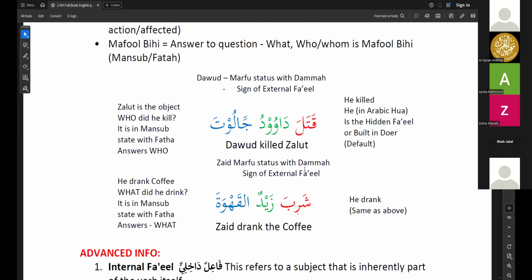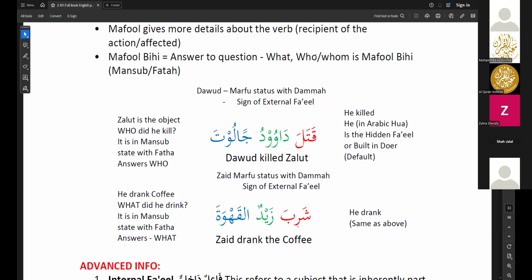Ustad? Yeah, I just wanted to add, I think they will benefit from this. Also, the maf'ul is the answer to the question what, who, whom. I'll just give an example. Qatala Dawood Jaluta and Shariba Zaidun al-Qahwa, that is clear.